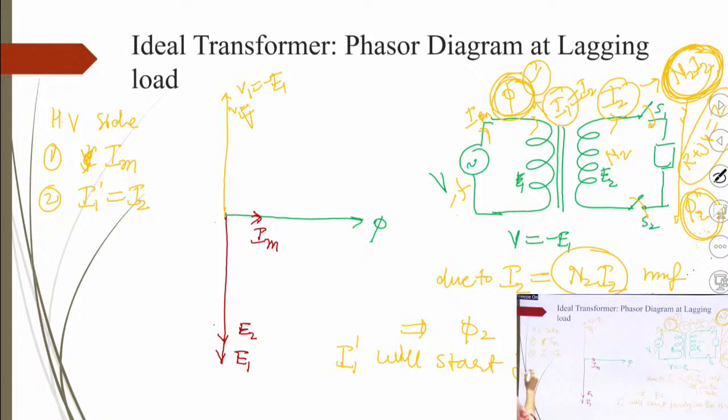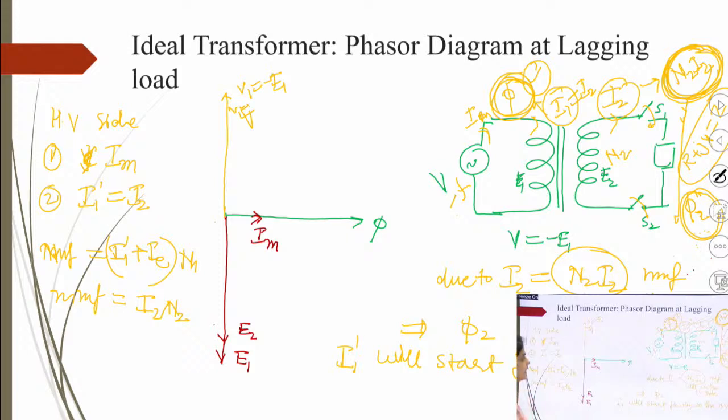So that in the primary side, MMF in the primary side will be I1 dash plus IE multiplied by N1, and MMF in the secondary side is I2 N2, right.